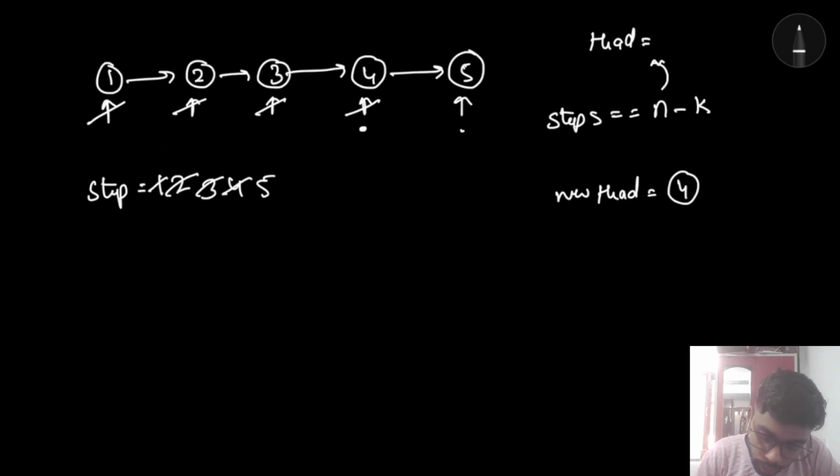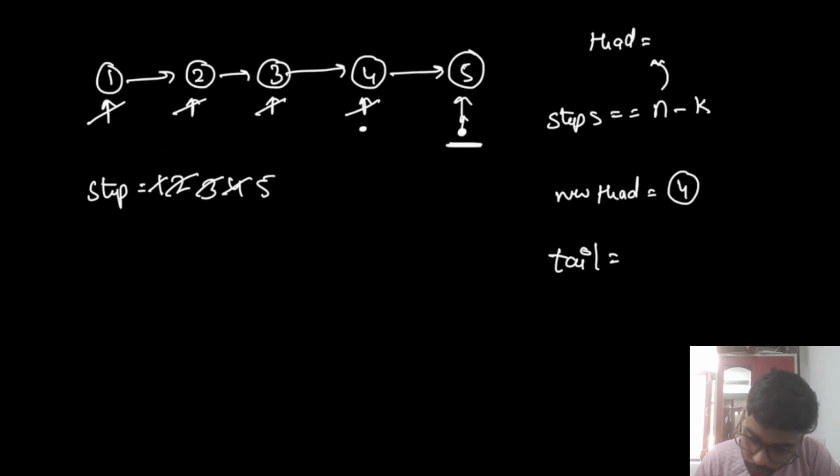Then I will be here. Then I will check if the current node's next is null. If it's null, then I am sure that this is the last tail. So we will get the tail as well.